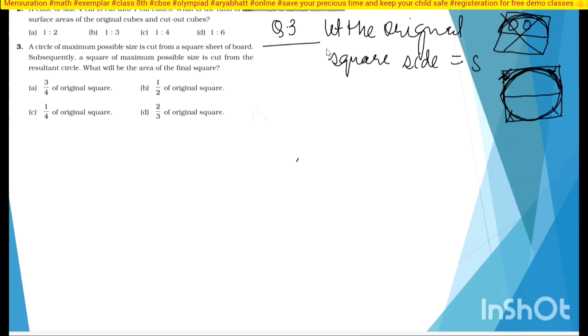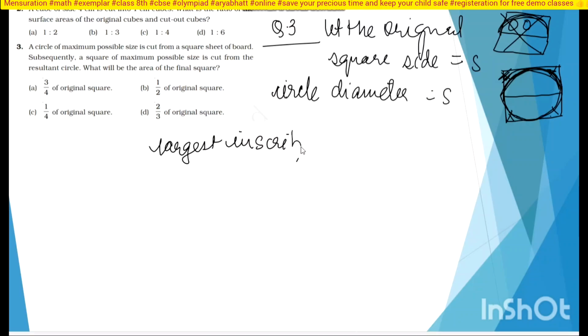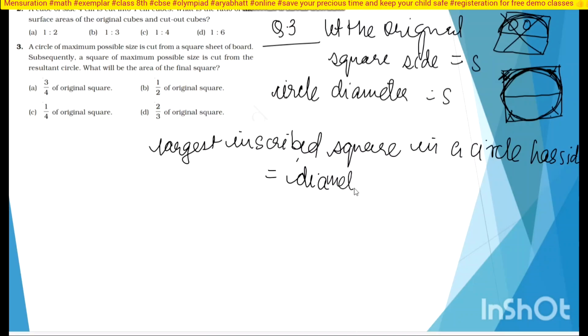Let the original square side be S. Since they are asking about the largest circle, the circle diameter will be S. The largest square inscribed in a circle has side equal to diameter by root 2, that is S by root 2.